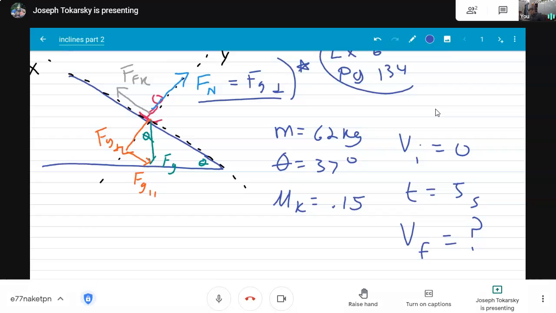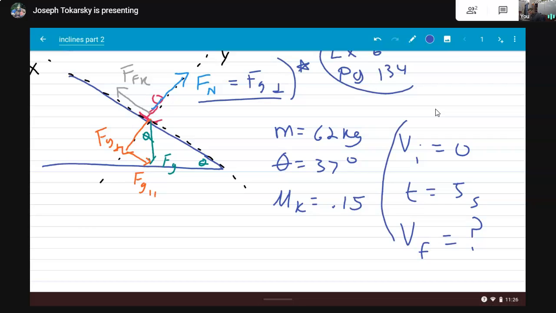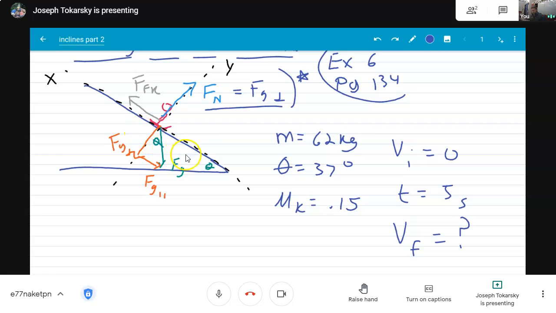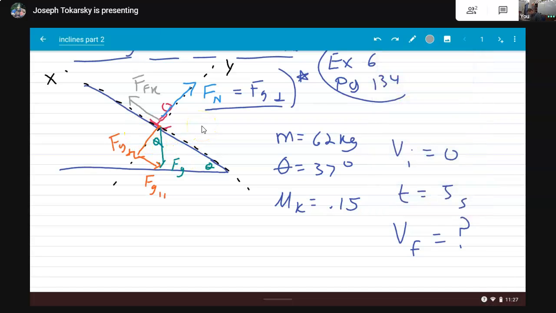Once we have acceleration, I could use it along with these values with the proper kinematic equation to find Vf. So the acceleration is on the tilted x-axis. So I'm going to say that F net on the x-axis equals ma. This is the a we need to solve for along the x-axis, which is the incline itself.